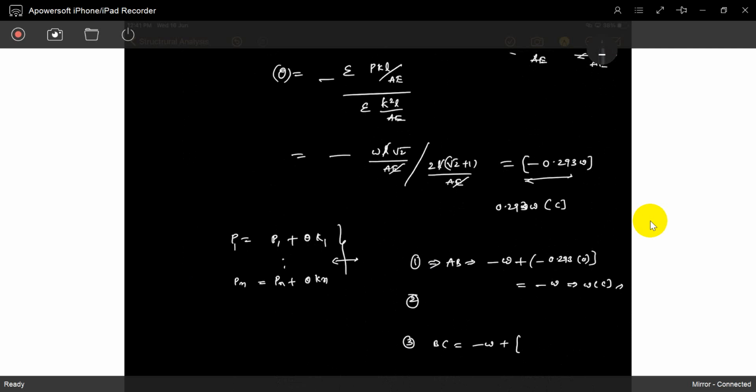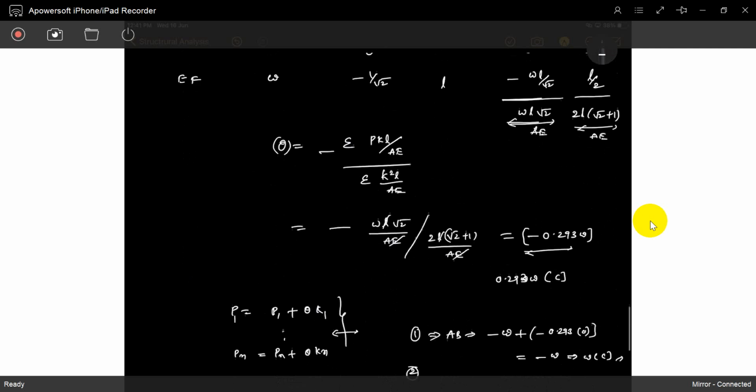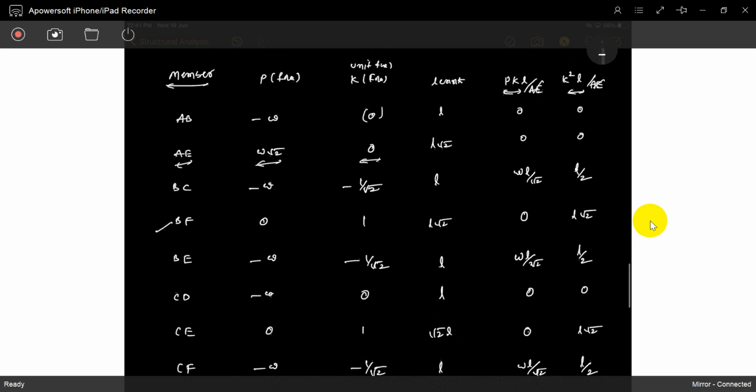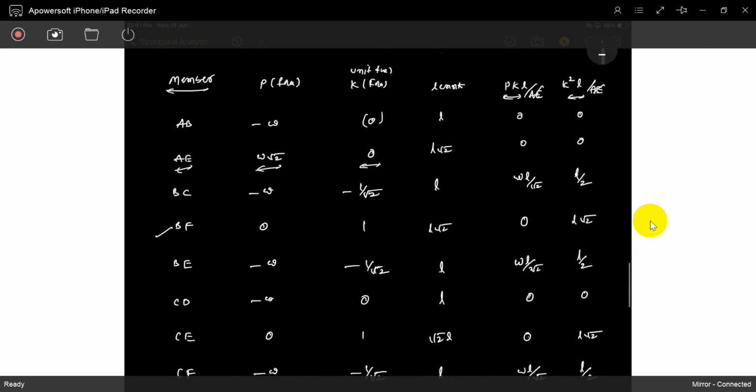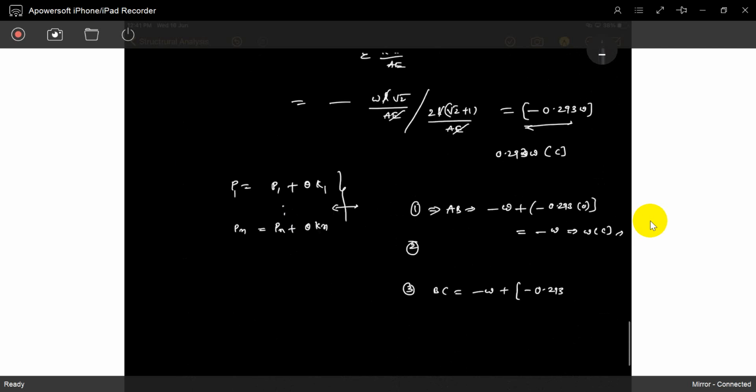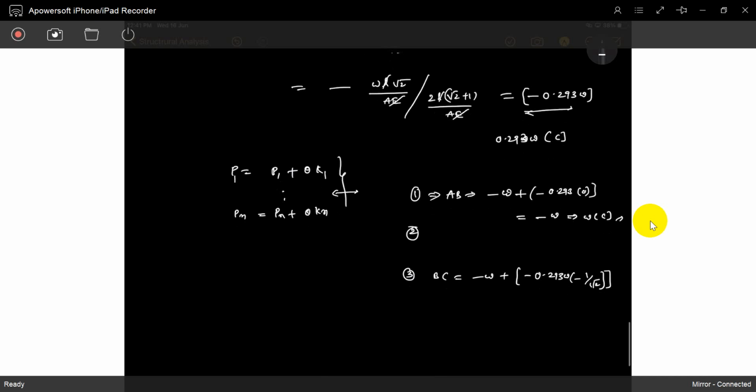And Q is minus of 0.93. And K is minus 1 by root 2. That's it. It's 0.19 W. What is that amount? 1 by root 2 also multiplied by 0.3.